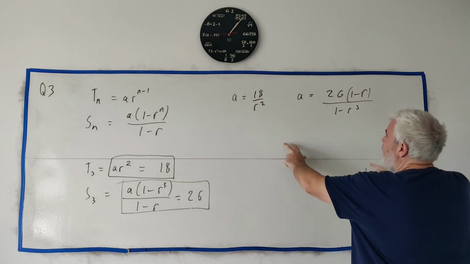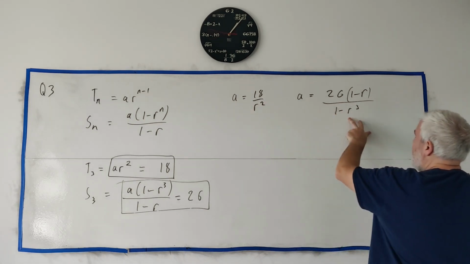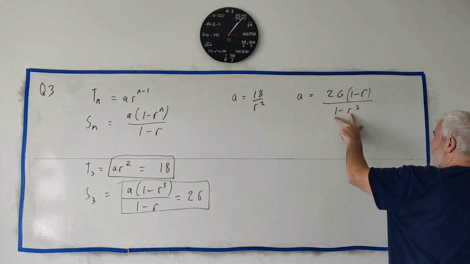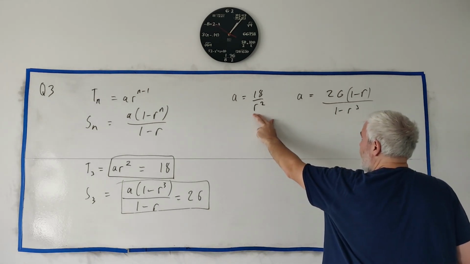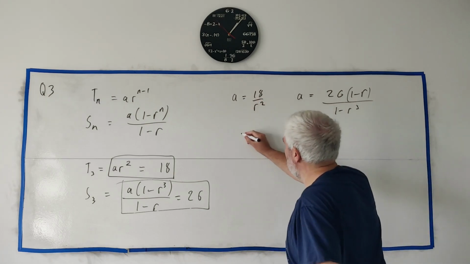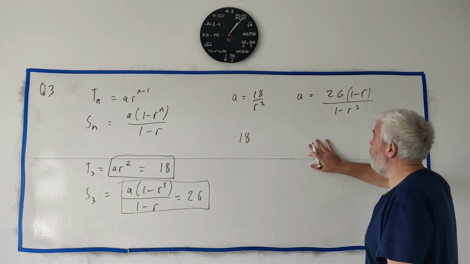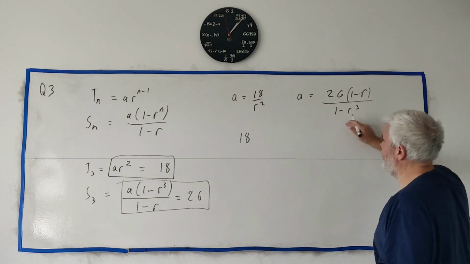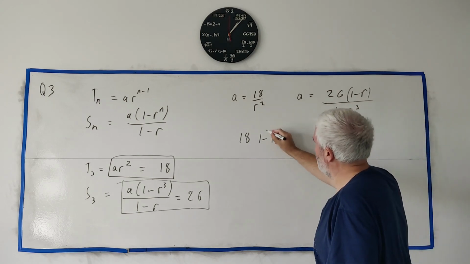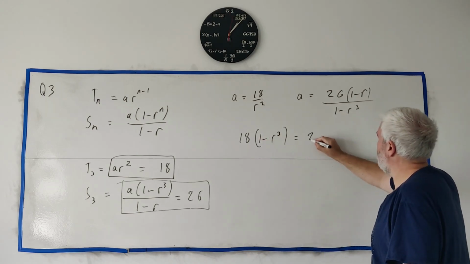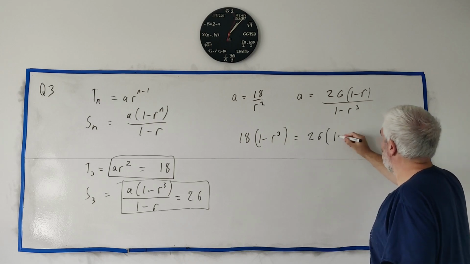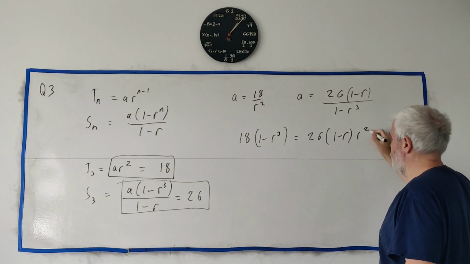These equal each other. So with this term equals this term, let's multiply both sides by this bottom row and this bottom row. So we'd get 18, sorry if I'm going fast, but again, this is the wrong path to take. 18 multiplied by 1 minus r cubed is equal to 26 times 1 minus r times r squared.